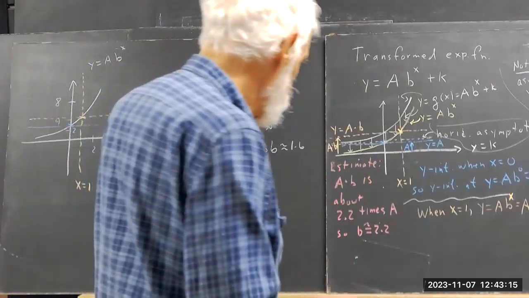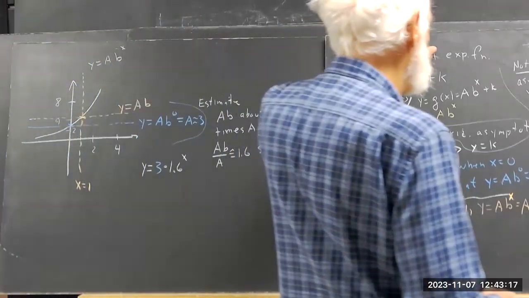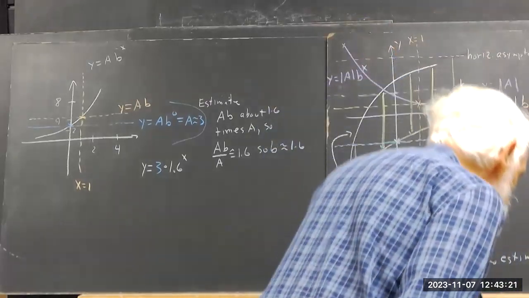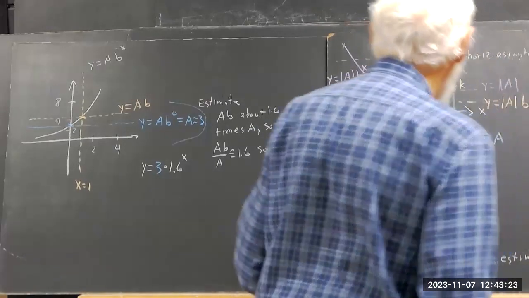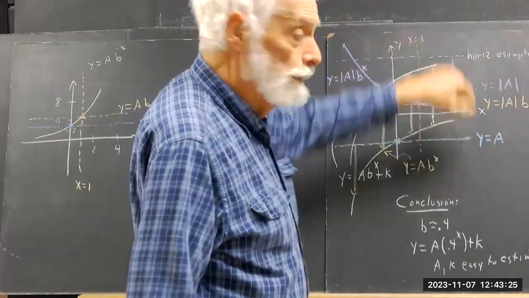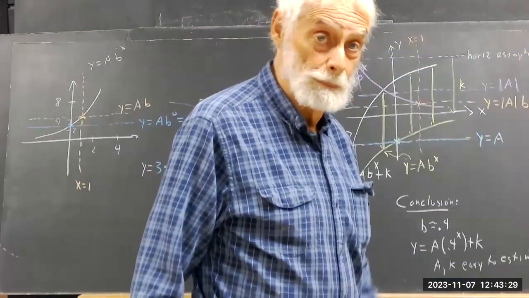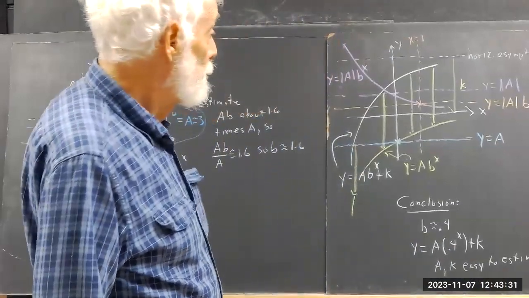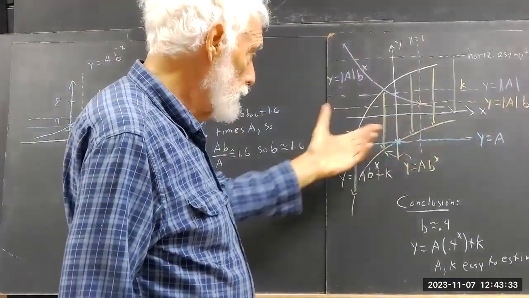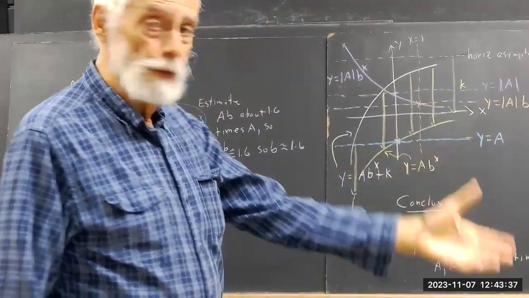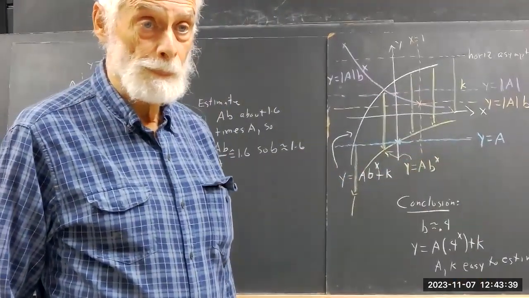And the other thing is, you might get lucky and have a curve like this one. Well, you estimate your horizontal asymptote. Then you lower it by k units, and there you are. You got this graph, and you just do all the same stuff, okay?